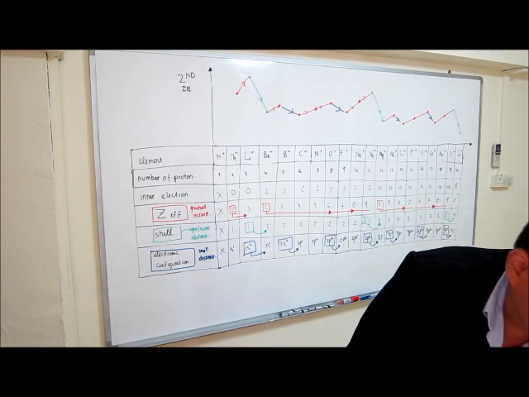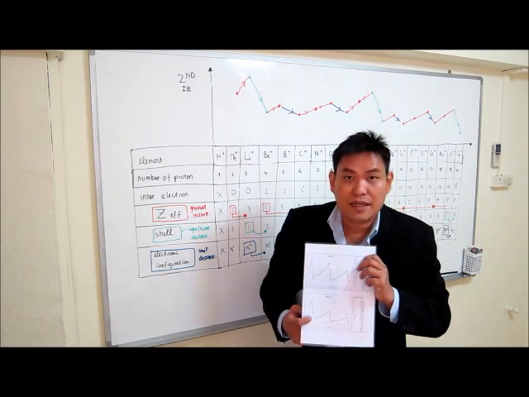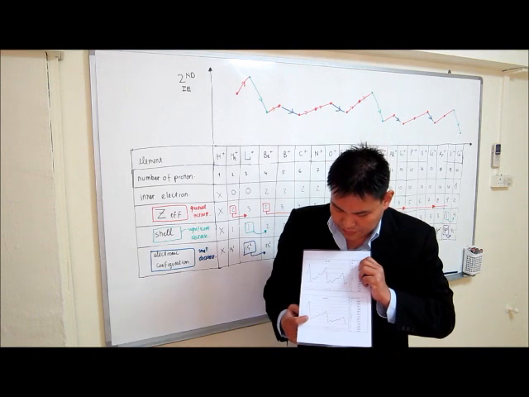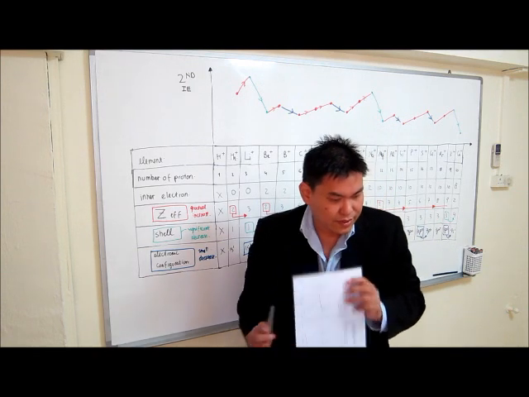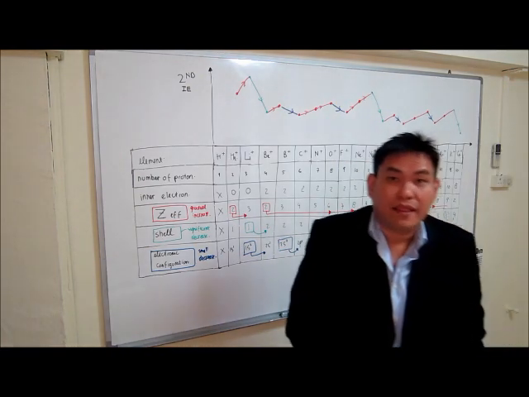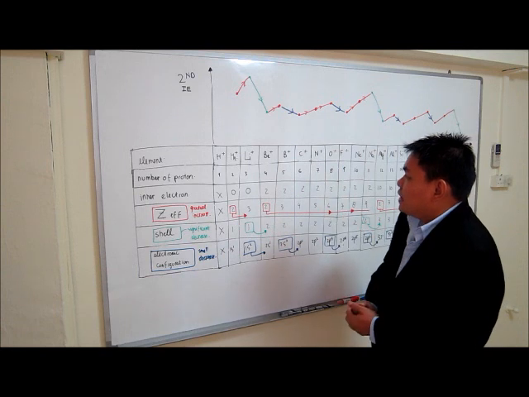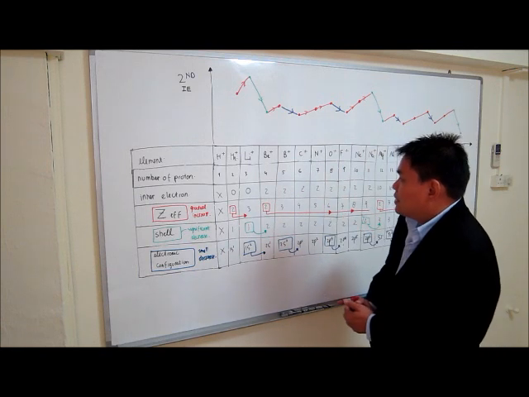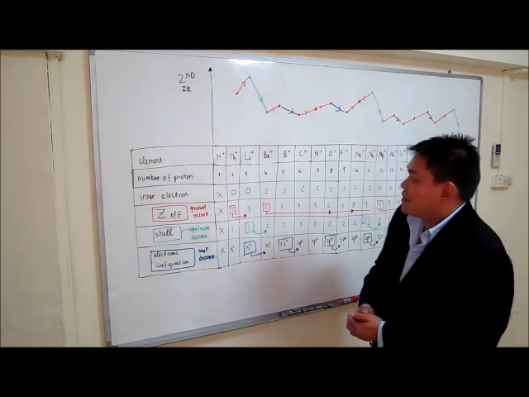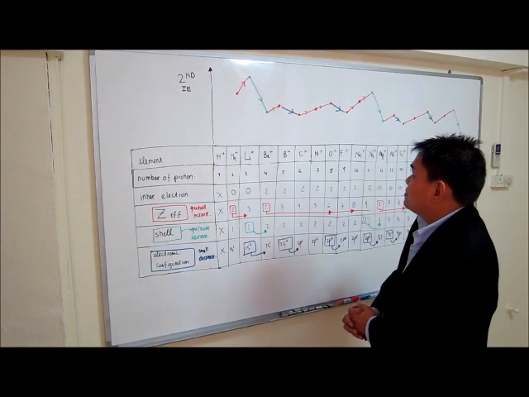And also you can compare it with the second ionization energy graph from the computer generated one. I think this is how I usually explain to my students. So far they understand how to draw the second ionization graph.